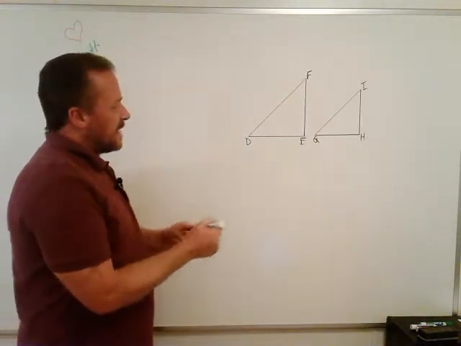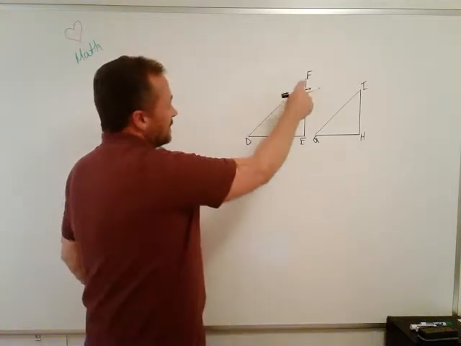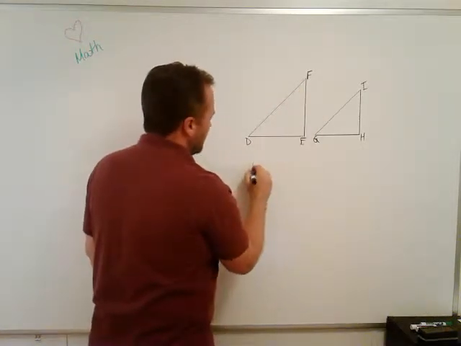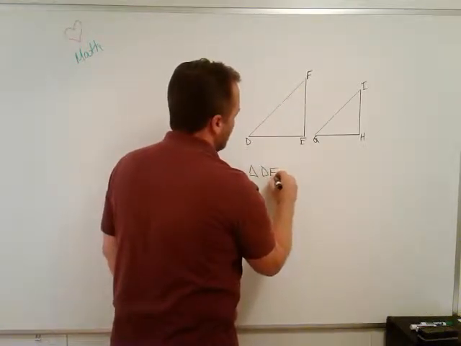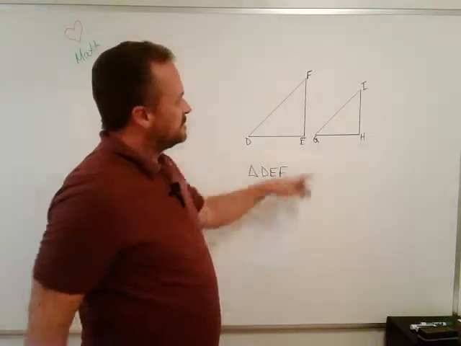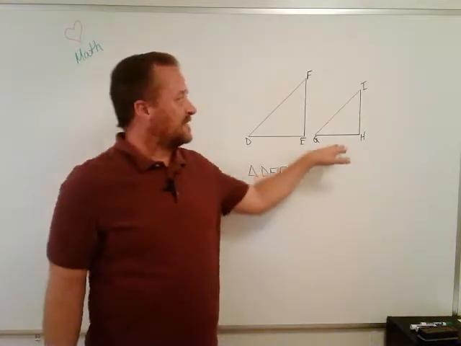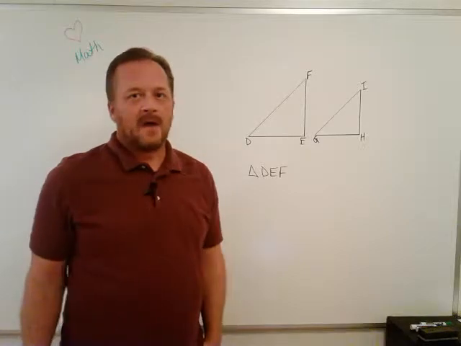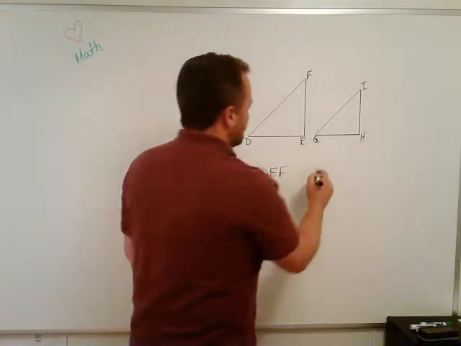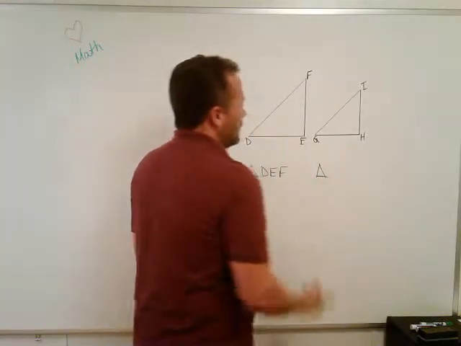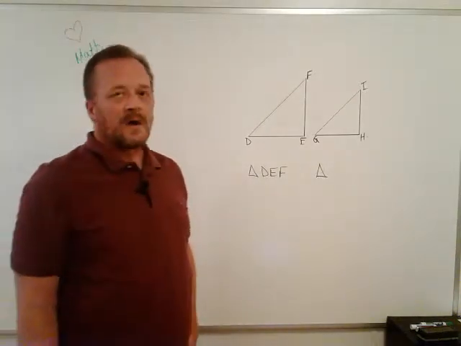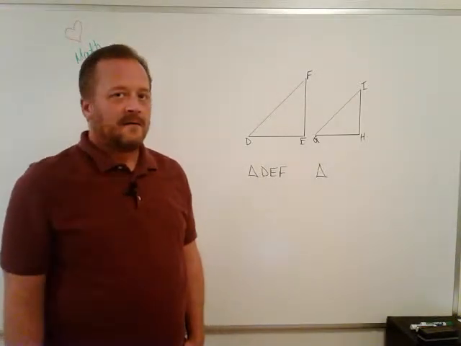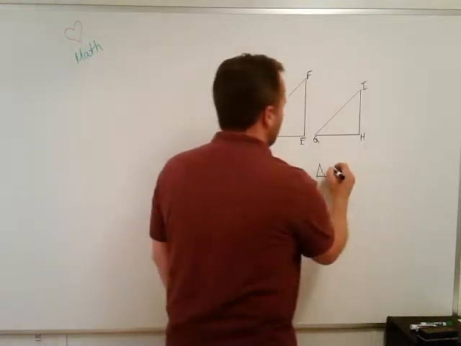Okay? So I'm going to go ahead and name these two. Again, there's DEF. So this is triangle DEF. So how would I write that one? How would I name this little guy? First, I need the triangle symbol, right? Okay. And then what? Did you say GHI?